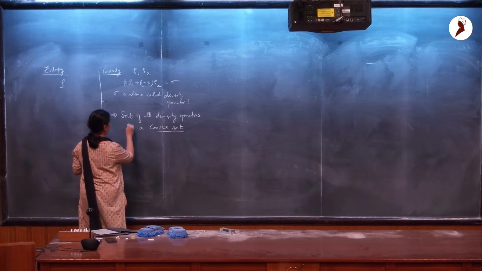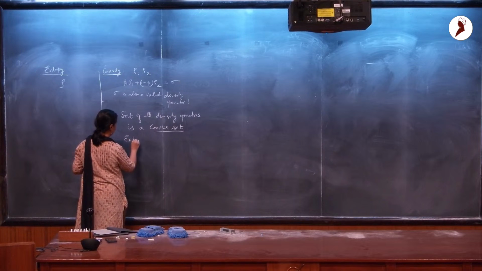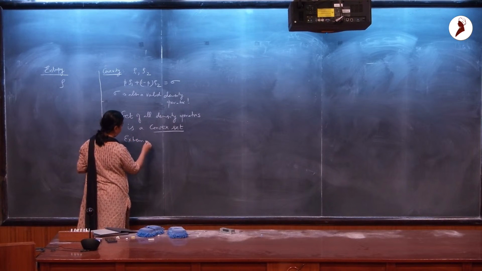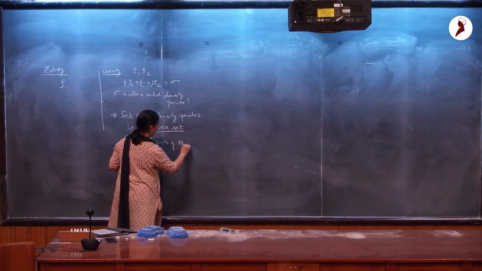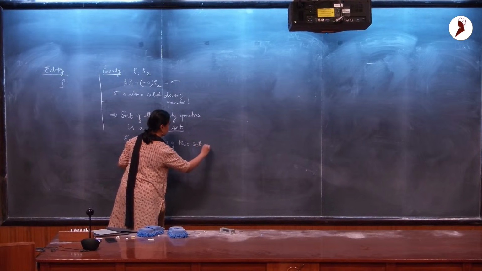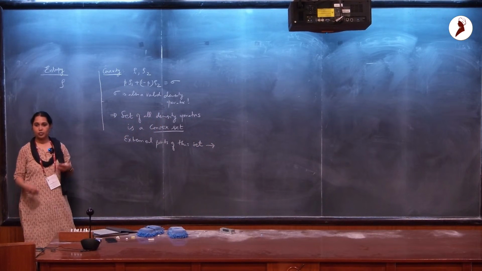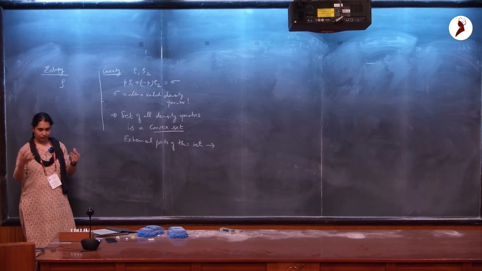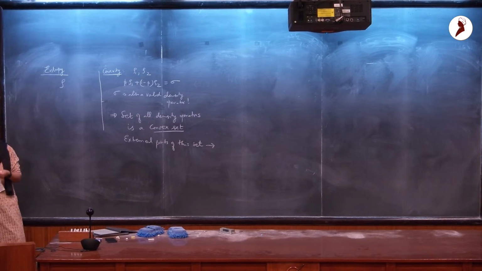And I can also now have a notion of the extreme points or the extremal points of this set. What would those be? I'm saying you consider the set of density operators, you make combinations of them, you get other density operators.